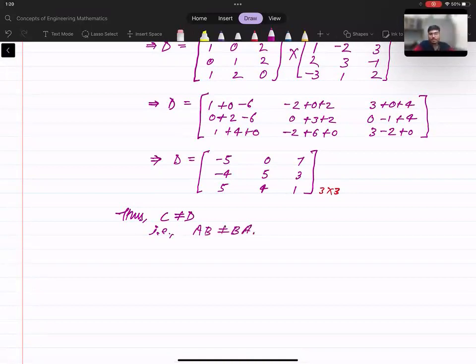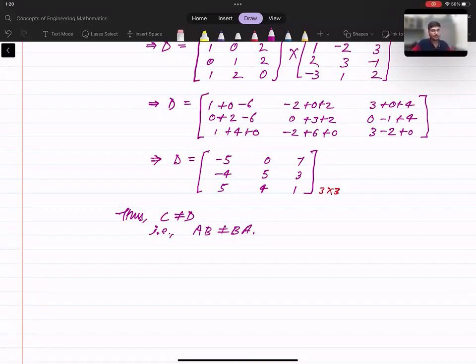So this justifies our first property also, that the matrix multiplication is not commutative. In some cases it may be commutative, like we saw for A inverse A being the same as A A inverse. Okay, so that is a different case, but generally this product is not commutative.